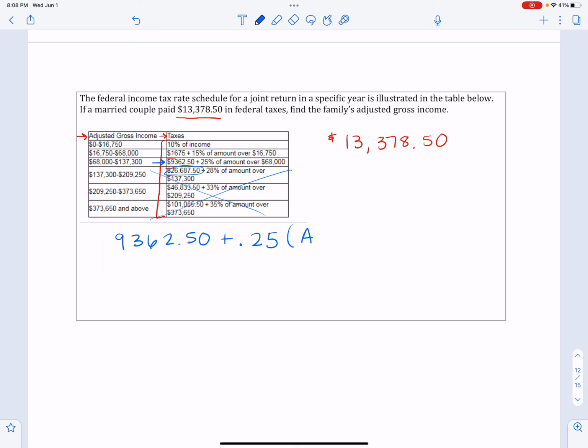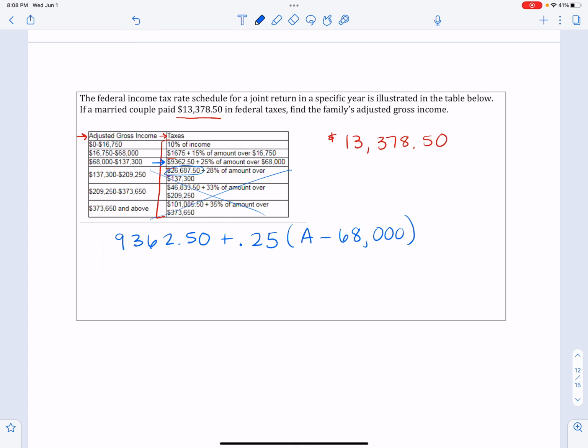So I'm just going to call that A. That was over $68,000. I'm subtracting $68,000 because I'm trying to figure out what their income was to begin with.